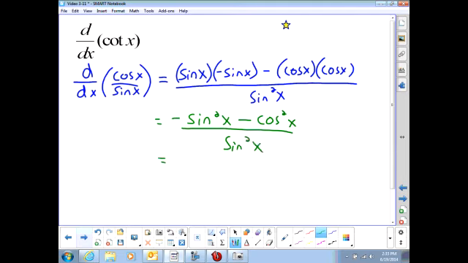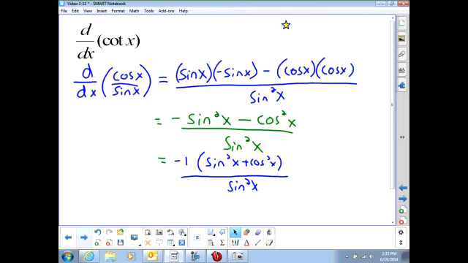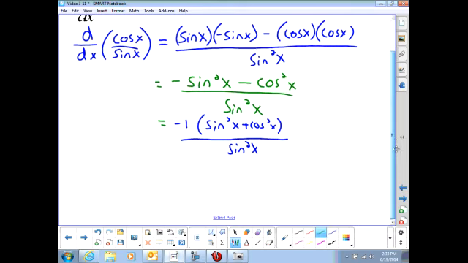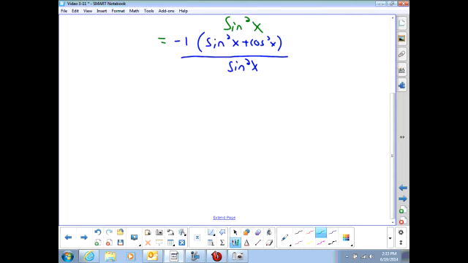Well, we can pull a negative 1 out of the top, and we'll have sine squared x plus cos squared x left in parentheses, all over sine squared x. We know that sine squared x plus cos squared x is just equal to 1, so we'll have negative 1 times 1 over sine squared x, which is just negative 1 over sine squared x.